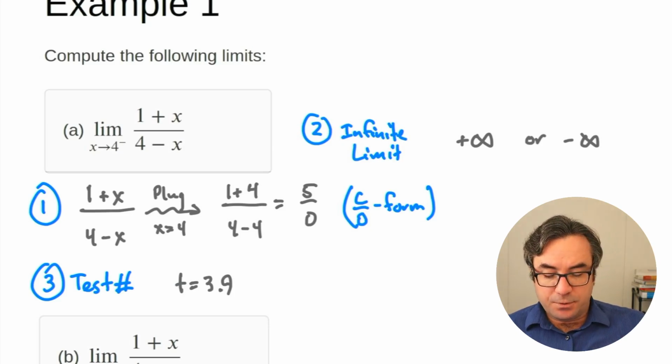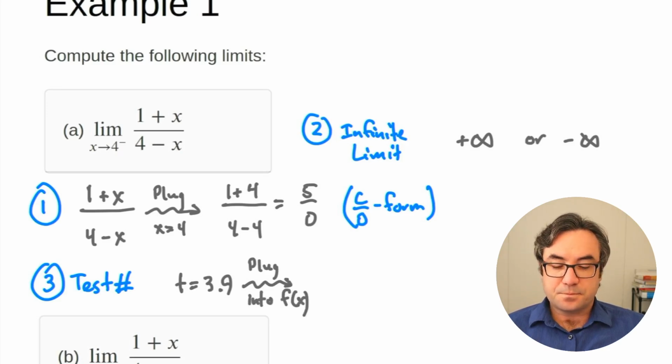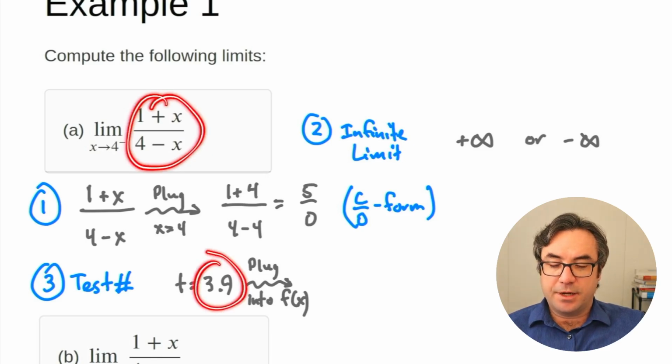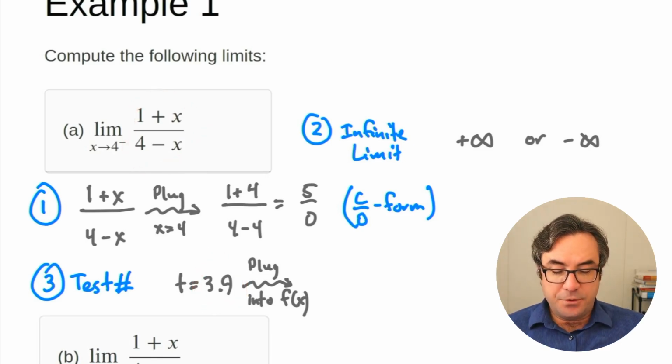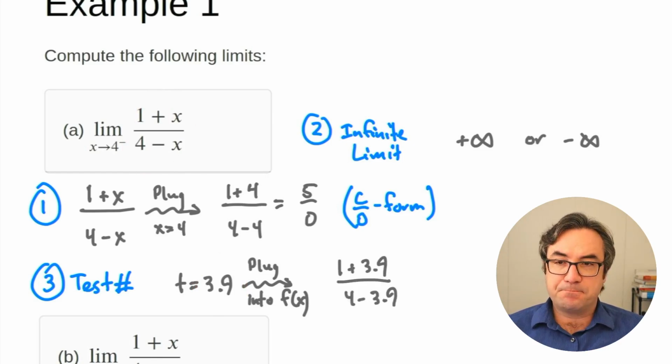What we're going to do is plug this into the function. So we have our function here, and we plug in our test number. We get (1 + 3.9)/(4 - 3.9).